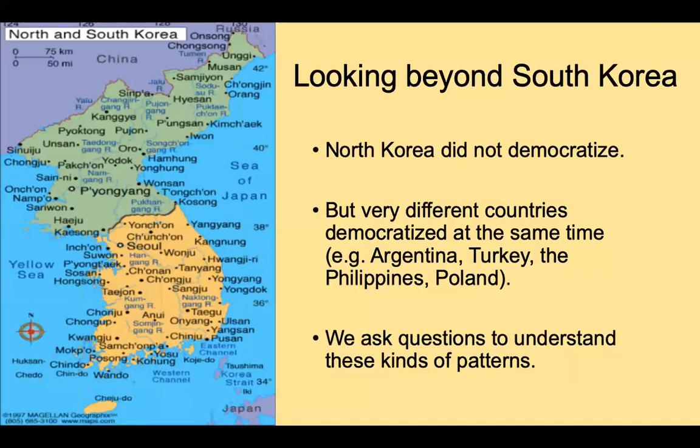My point is that it's never enough for us to look at individual cases. We only begin to understand something when we examine patterns of similarity and difference across cases. South Korea and North Korea in democratic transitions being our example, but being only one example. My point to you is that we ask questions to understand these kinds of patterns.